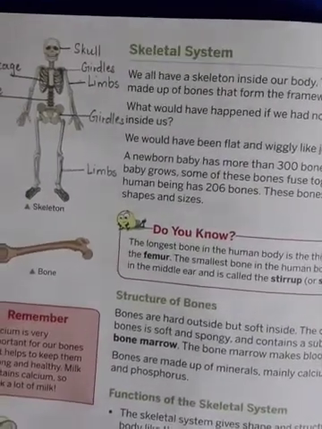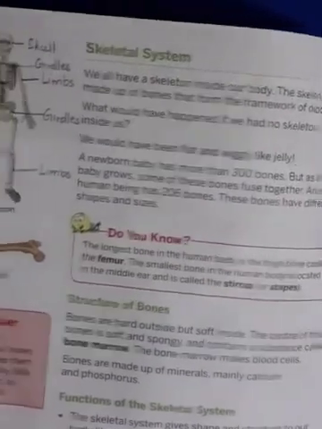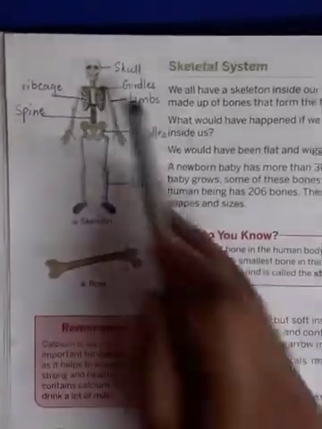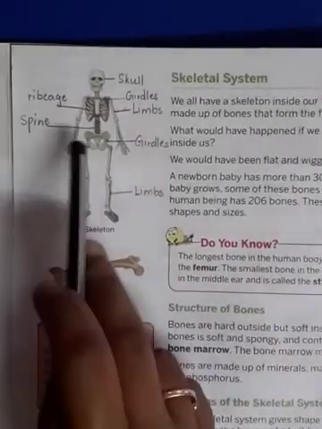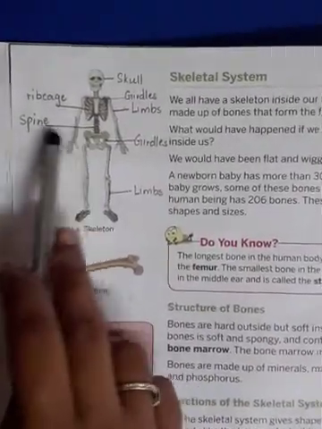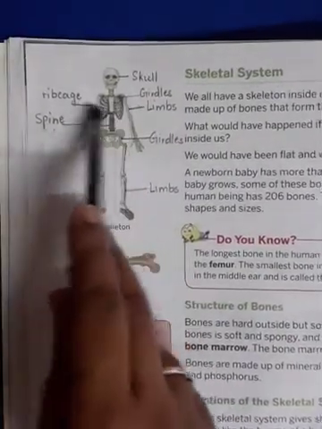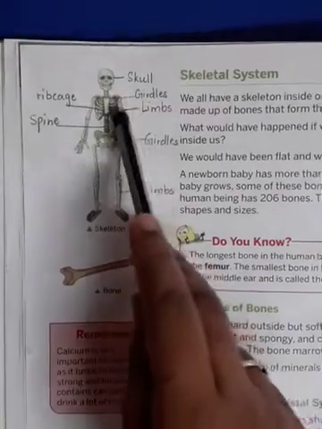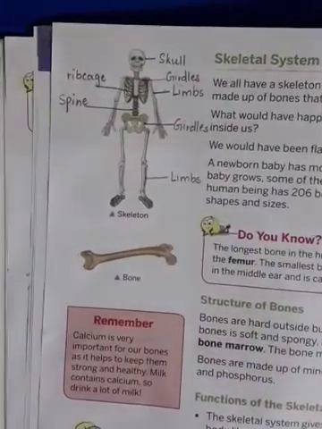This framework is known as the skeleton and comprises the skull, the spine, which we call the backbone also, the rib cage, the limbs, and the girdles.